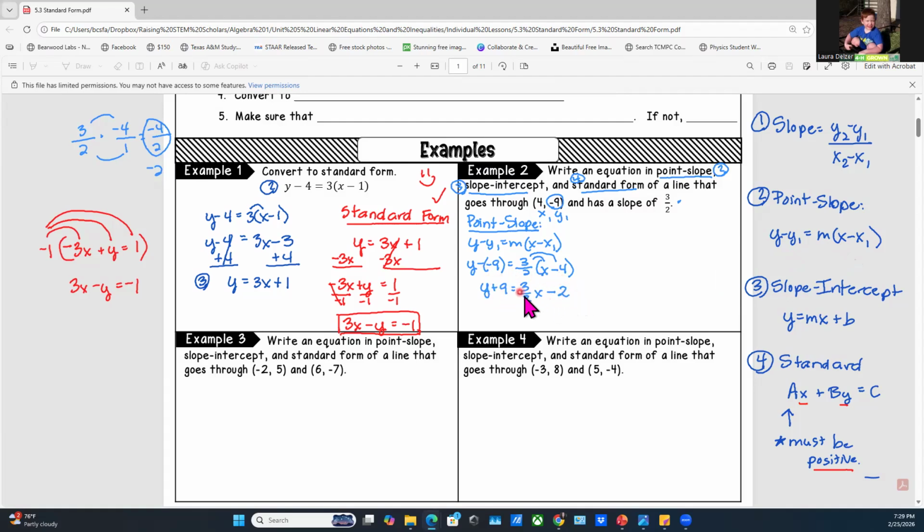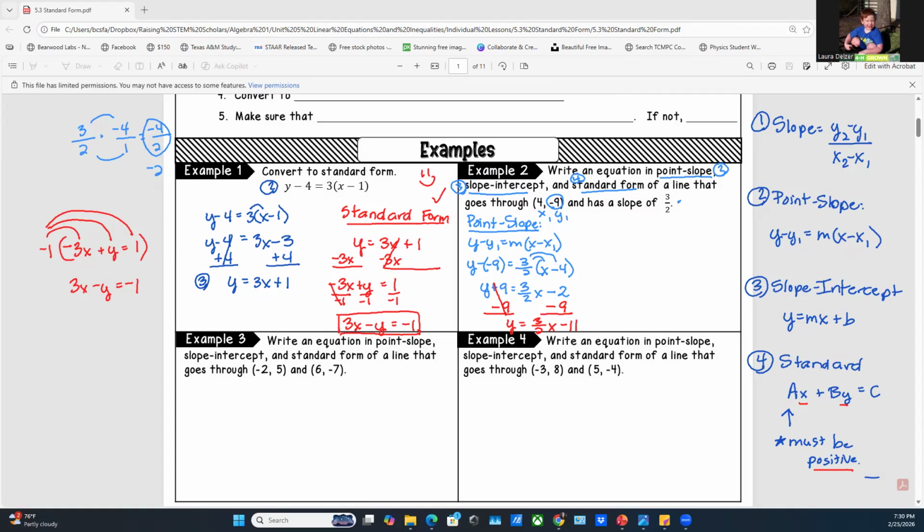Now we're just going to go on and convert to slope intercept. That's getting the y by itself. The x's are already on the right hand side, but we can move this over with the constant. That's going to give us y equals 3/2 x minus 11.